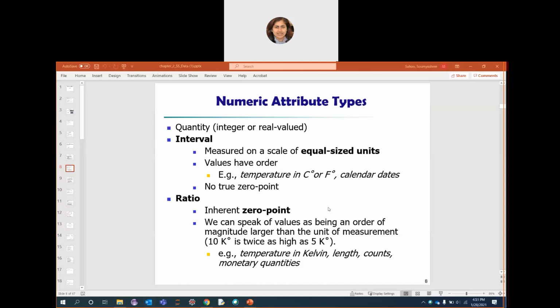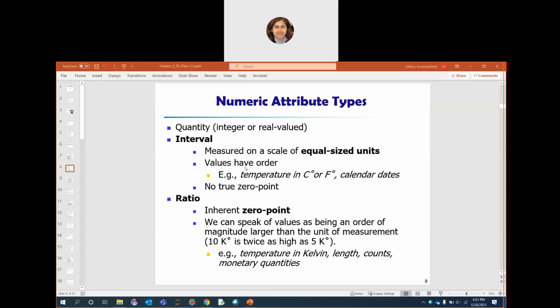There are two types: interval scaled attribute and ratio scaled attribute. Interval scaled attributes are measured on a scale of equal units, and the values may have a certain order. They can be positive or negative.